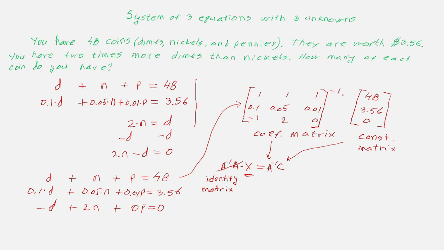And this would actually suffice if we use calculators: if we have a matrix, we raise it to the power of -1, we make an inverse of it. And this is the notation there. So now we are actually ready to plug these two matrices into our calculator and get our answers for x, y, and z, actually in this case for d, n, and p.